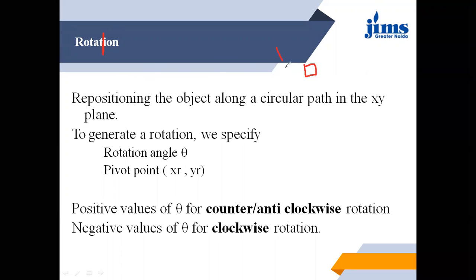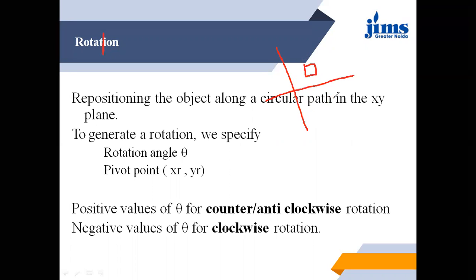This is the y coordinate and this is the x coordinate. And I am rotating this object from here to here, corresponding to the x-axis.